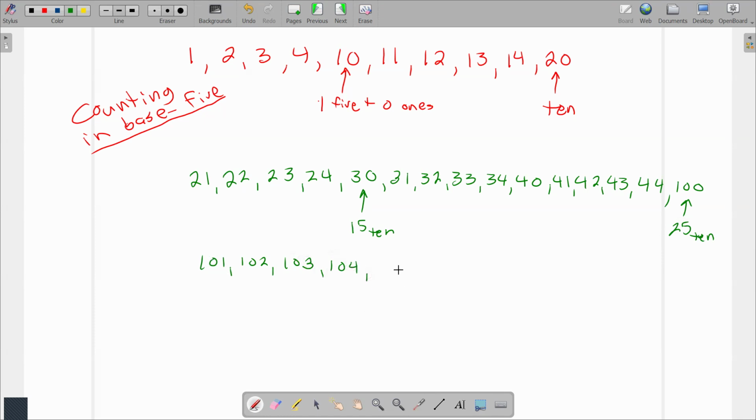After that, 110. 110, what does that mean? It means I have 1 25, and I have 1 5, and I have no ones. 25 and 5 is definitely 30 in base 10. I'm just checking that that is the 30th numeral in base 5.